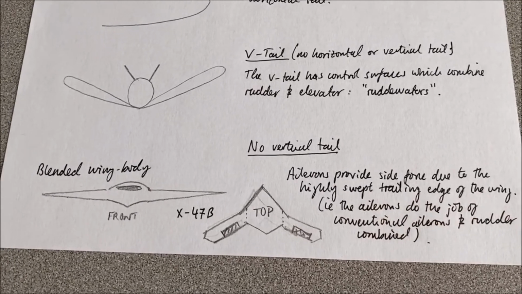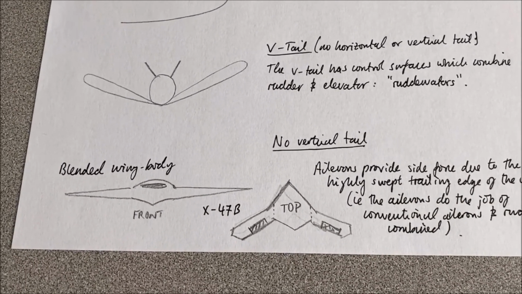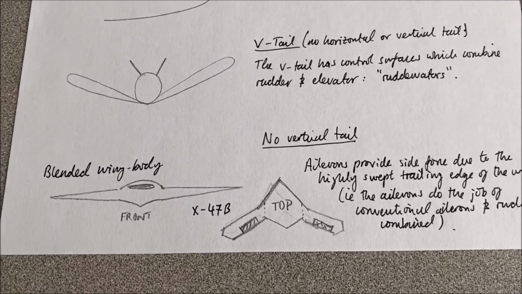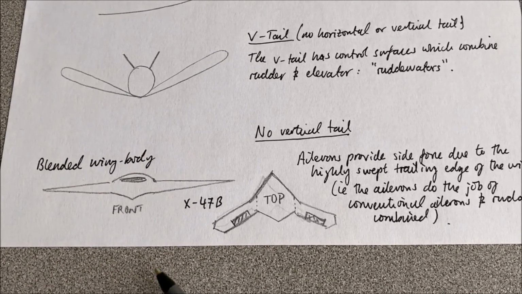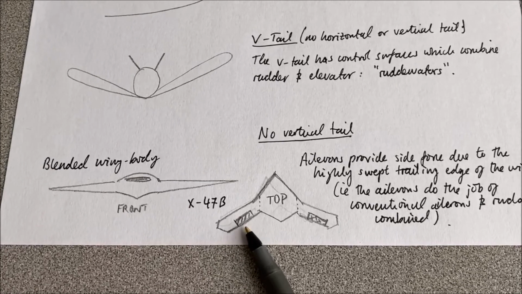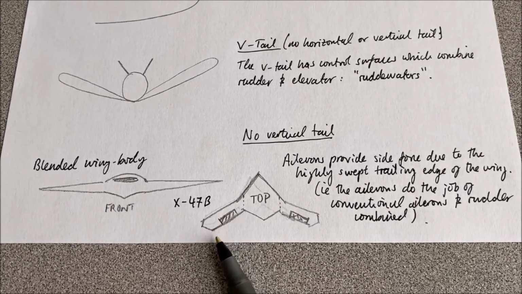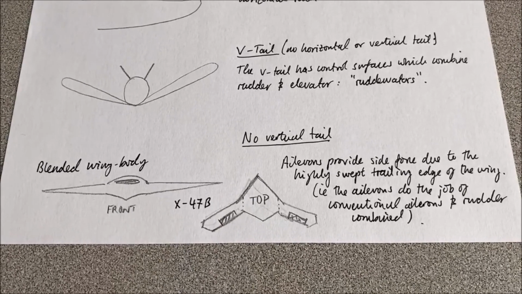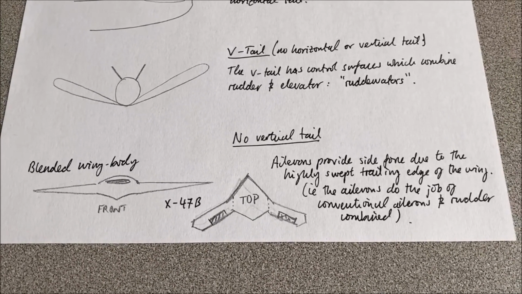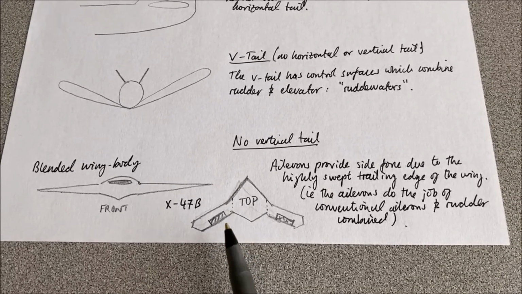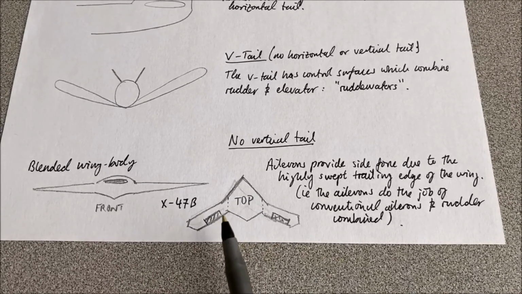Finally then, our aircraft might not have a vertical tail at all, in which case it relies on the ailerons to provide the side force. In this example, I've used the X-47B, the unmanned combat aircraft. If you're not familiar with it, go and look it up.